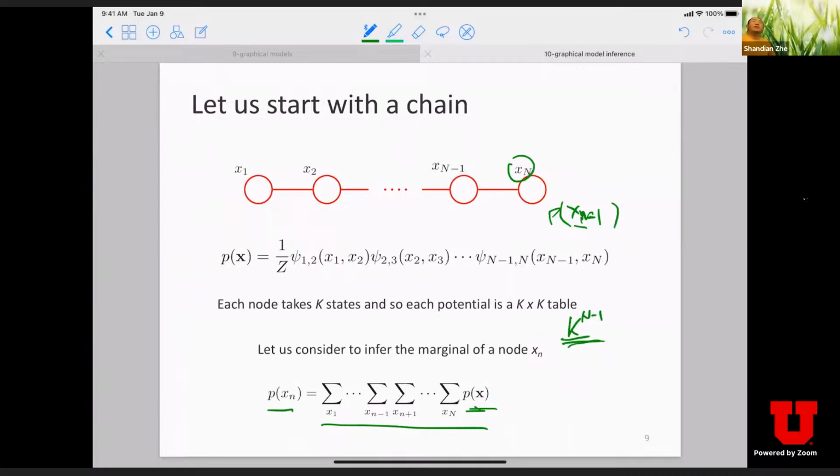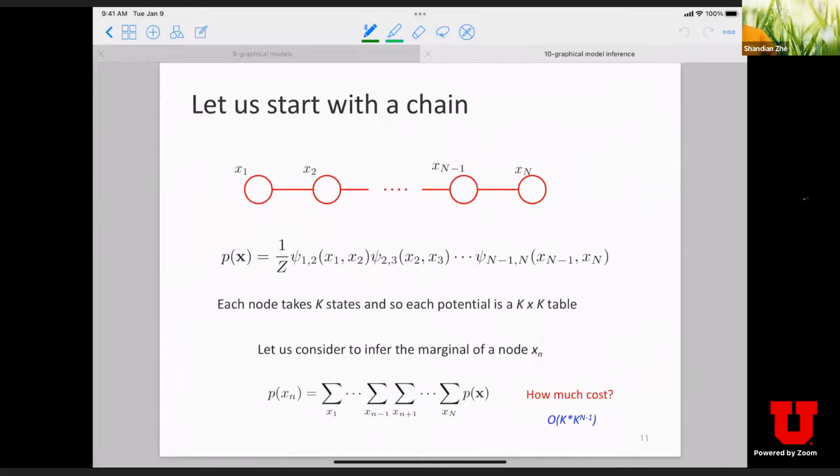The total is k times k to the power of N minus 1, which gives you k to the power of N. So you can see that even for this simple chain graphical model, if you calculate the marginal distribution naively, the complexity is exponential in the number of nodes in the graphical model. Obviously, this is totally unacceptable.